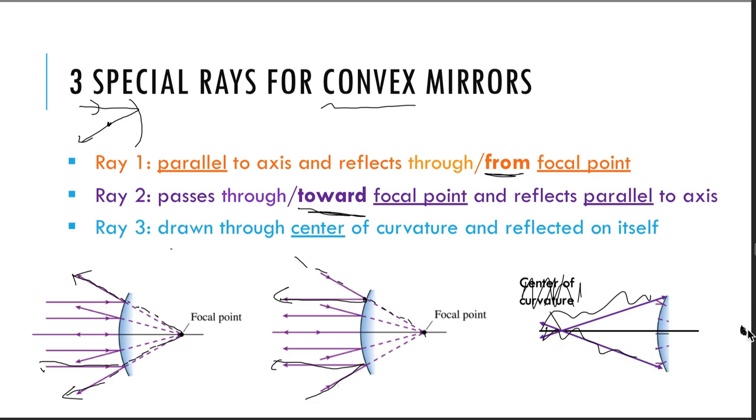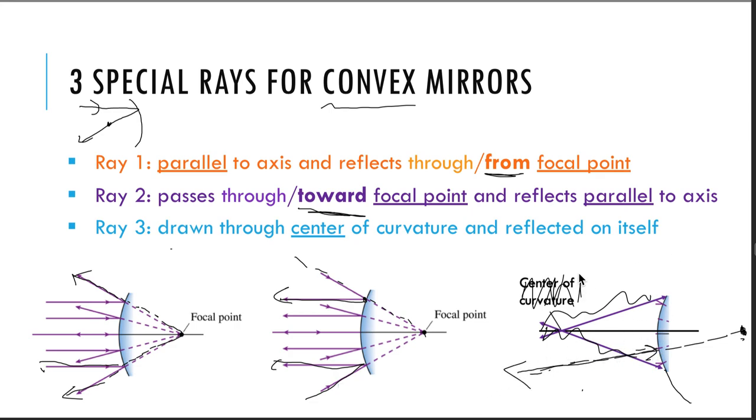So if the center of curvature is here, then what this rule is saying is that if you have a ray that is going toward the center, let's say it's coming from over here, and going in a straight line here, so it's not a very good straight line. All right, so if the ray is coming from over here, then it's going towards that center of curvature. It's going to reflect right back on itself.